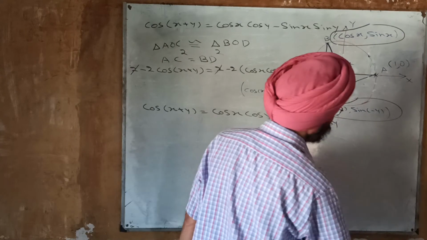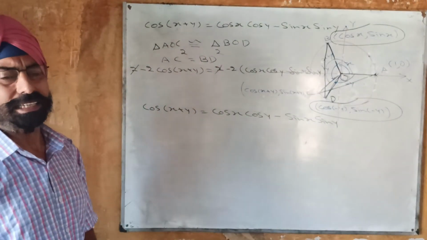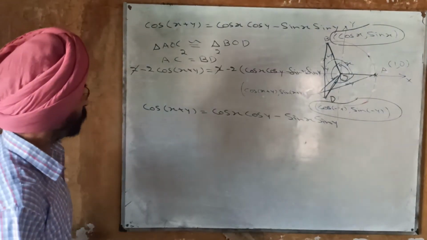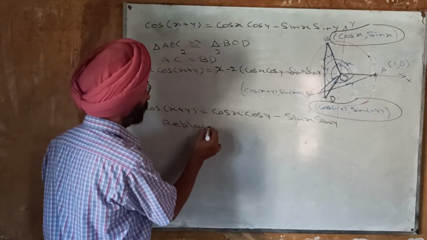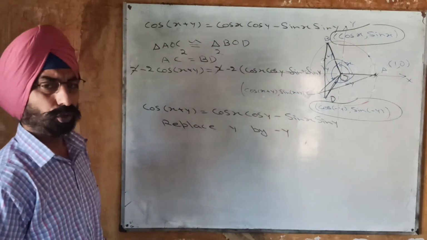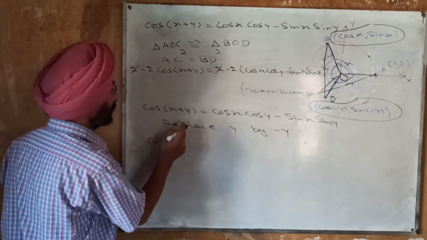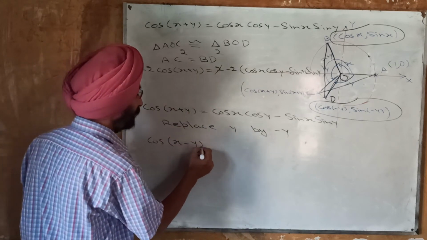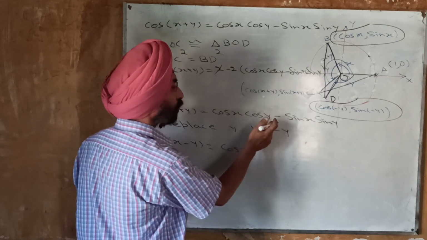Now a little bit of change here will give you almost all the related identities. So just replace y by minus y. So what you will get? Here you will get cos(x minus y) is equal to cos x and cos of minus y.